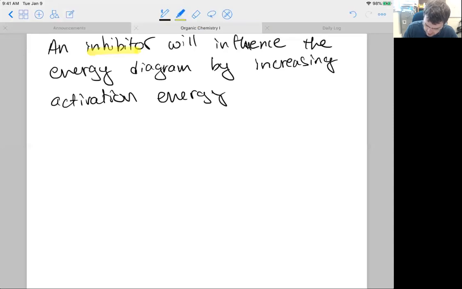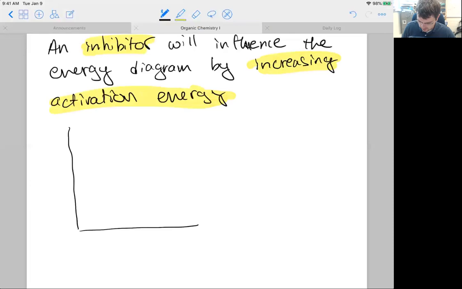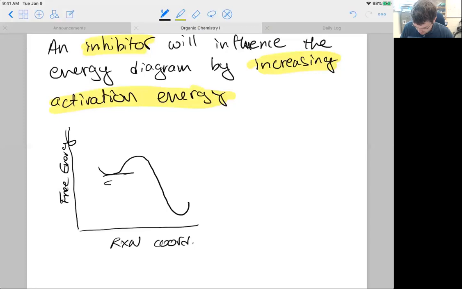In this case, when an inhibitor is being used, most often it does two things, where it influences the starting material free energy and the transition state free energy. However, we could just focus on one thing at a time. So if we've got our reaction coordinate and our free energy, what we could do is start by considering our starting material, our product.